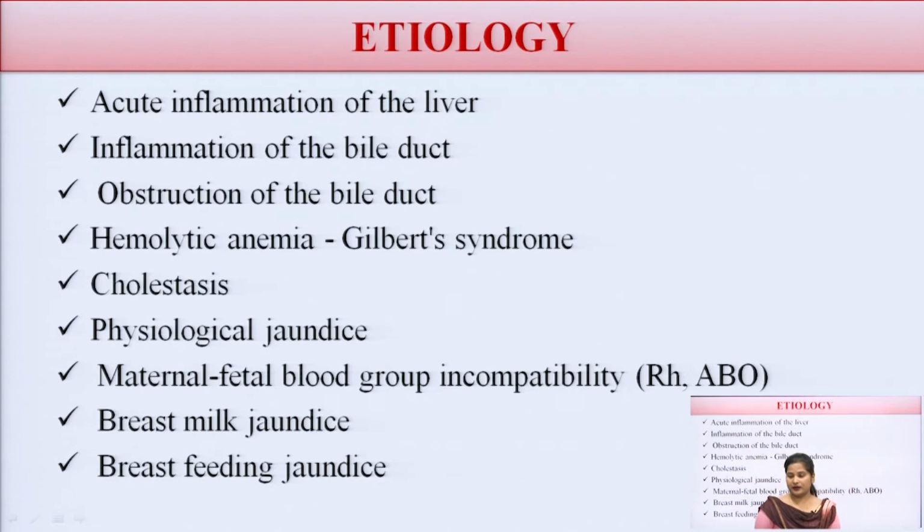So now, what is the etiology behind jaundice? The first is acute inflammation of the liver. In the last lecture we learned what inflammation is: there is swelling, pain, itching in a particular area.